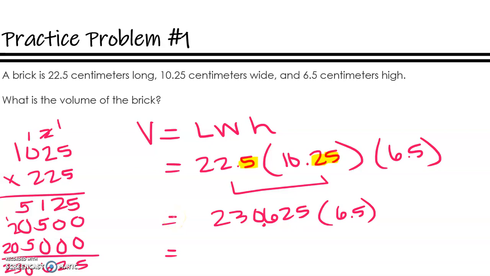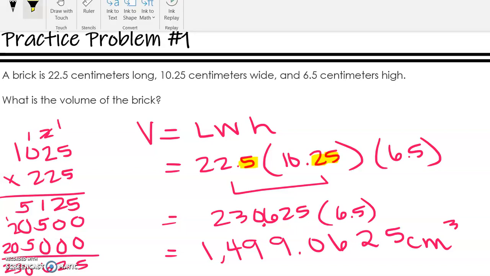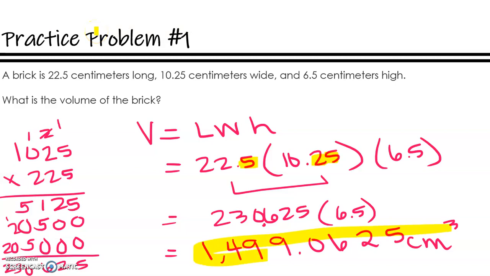Because I was out of room, I did my multiplying off to the side, and I got 1,499.0625, and that's going to be centimeters cubed. And you're always welcome to check your answer with a calculator to make sure you didn't make any mistakes, because that's a lot of multiplication.